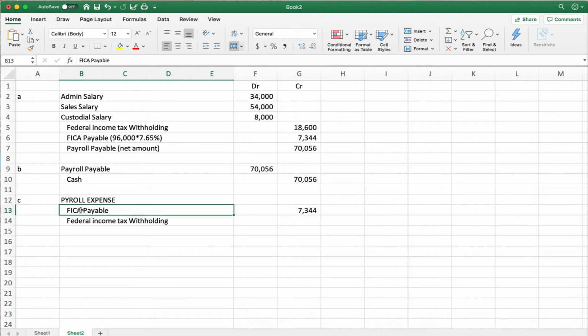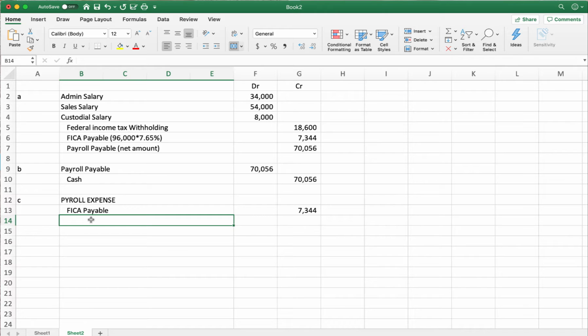Actually, bear with me here. I don't have this withholding yet, right? I'm recognizing the employer's expense, okay? So what does the employer owe? What is their expense? Well, they have FICA payable, okay? They're going to incur a payable. Why? Because not only do we pay 7.65% on our wages, our employer also pays 7.65% on our wages.